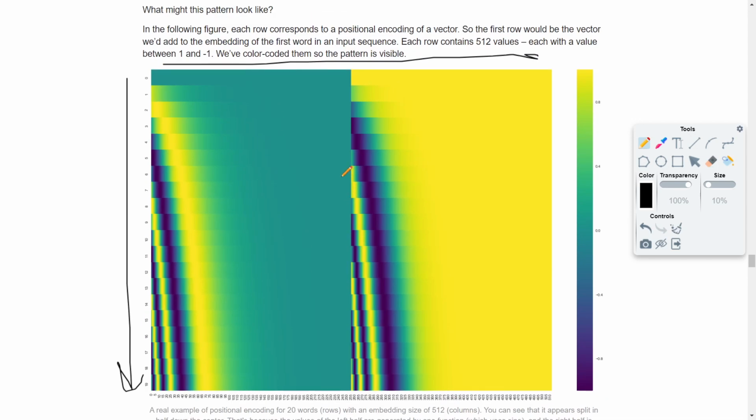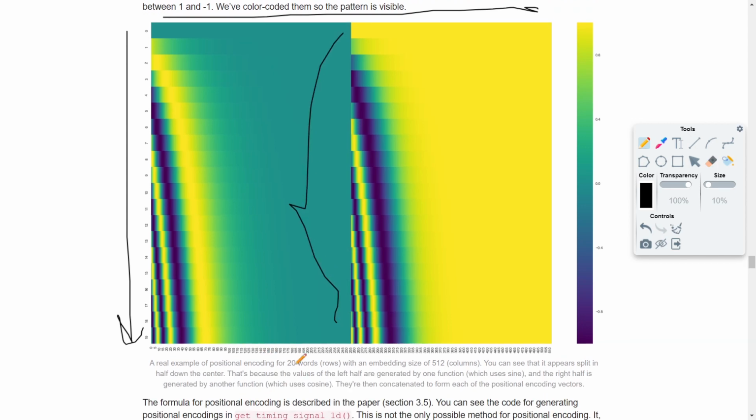And a lot of times in positional encoding, we are generally using two functions. For example, if you see there is a line in between, what they have mentioned here is that the left half is generated using the sine function, and the right half is generated by another function, which is generally cosine in this case, and then both of these are concatenated for each of the positional encoding vectors.